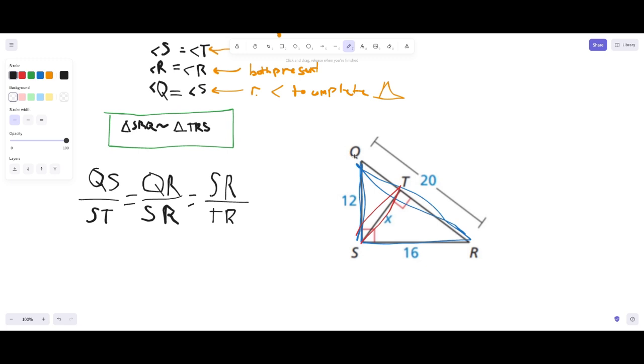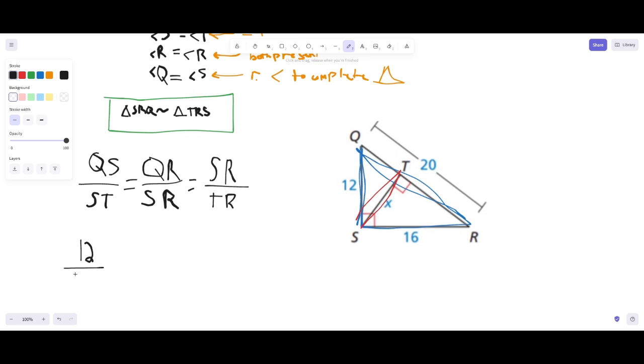So QS is 12. Now ST or TS is X. That's going to equal QR, which is 20, and then SR, which is 16.